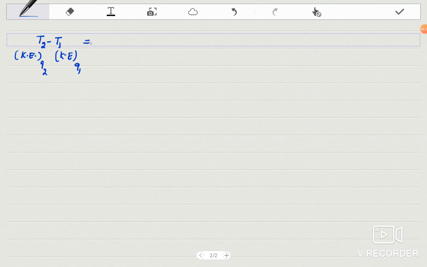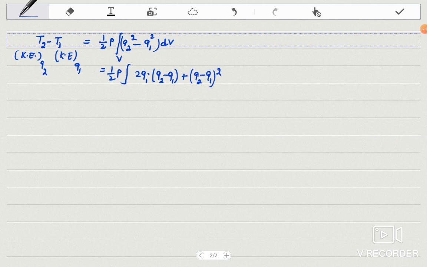By definition it will be half of rho, the volume integral of q2 square minus q1 square dV, which can be adjusted as twice q1 dot (q2 minus q1) plus (q2 minus q1) whole square.